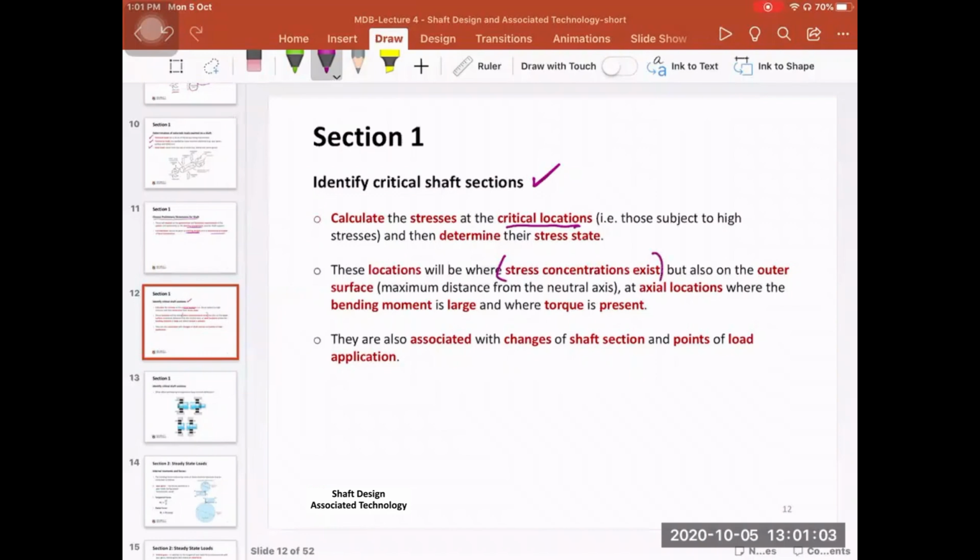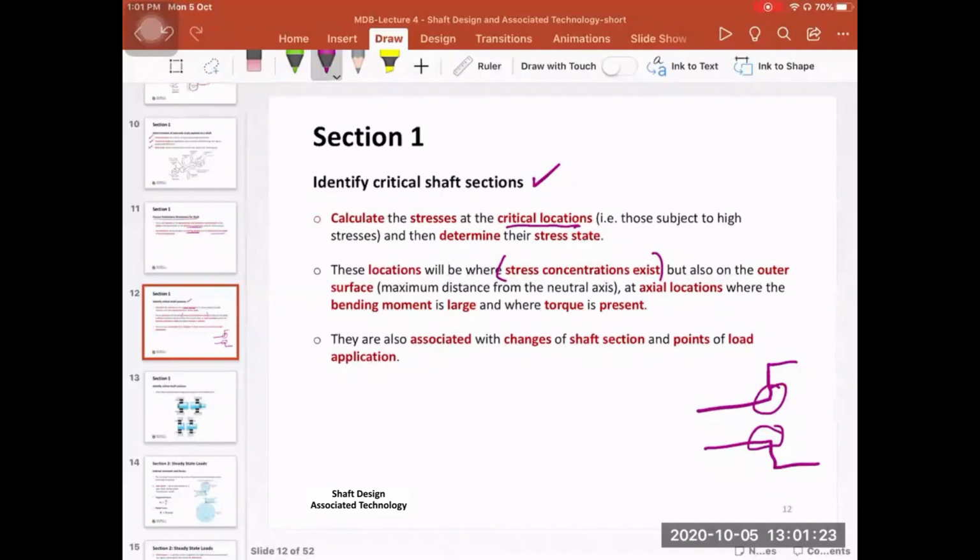Those critical locations are where we have stress concentration, for example, where we have maximum stresses, where torque is present, where there is a shoulder in the shaft, which generates some sort of stress concentration. Okay, so this is what we are going to try to do.